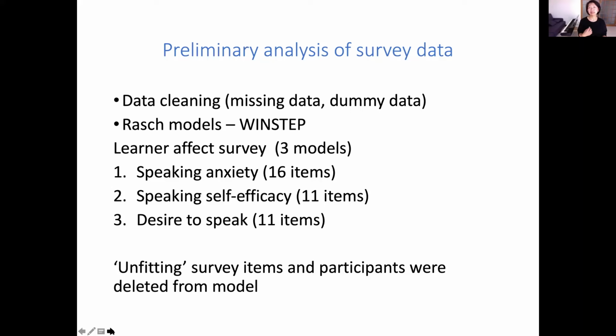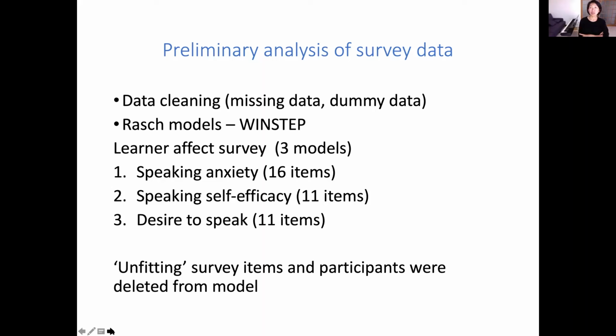Okay, dummy data: participants that answered all 6s, 6, 6, 6, 6, 6, 6, 5, 5, 5, 5, 5, 5, 5. Those participants are probably considered dummies and they can't be used. So once I collected the survey data, I went through to see if there's any missing data and any dummy data. After I did that, then I conducted Rasch analysis, okay, which is using a software called Winsteps.